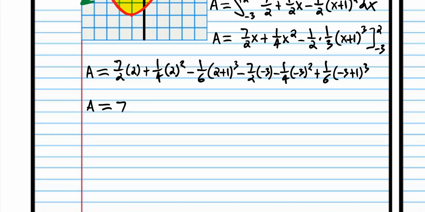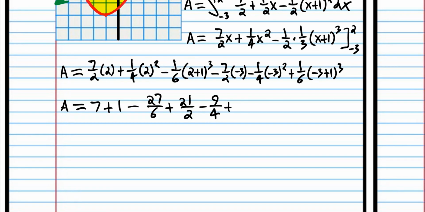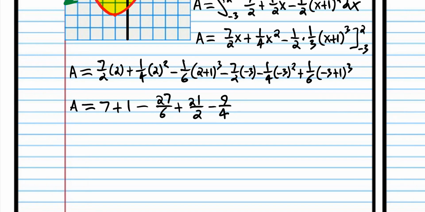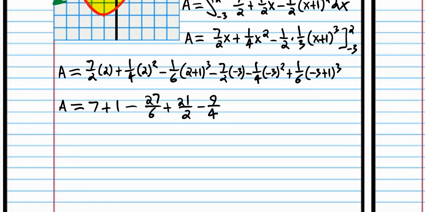So we have 7 plus 1, minus 27 over 6, plus 21 over 2, minus 9 over 4, plus, actually it's going to be minus, looks like minus 4 over 3.